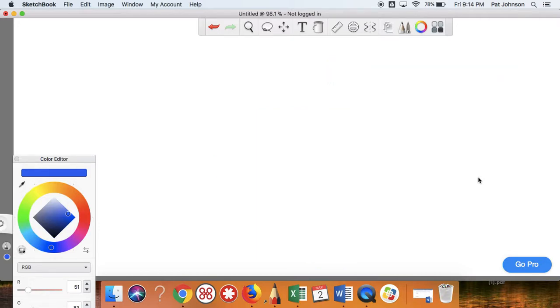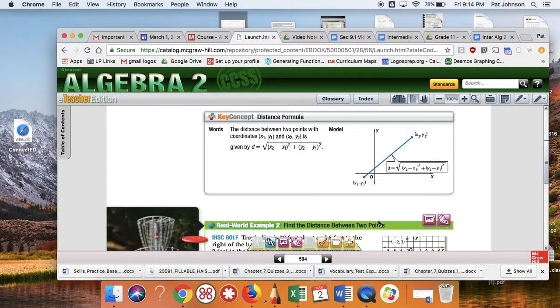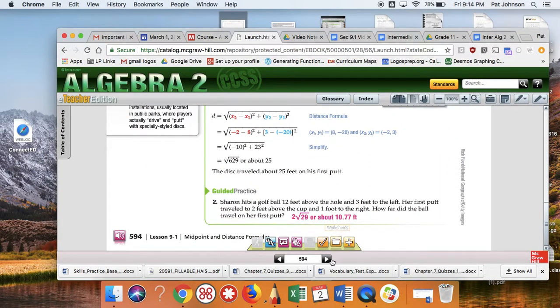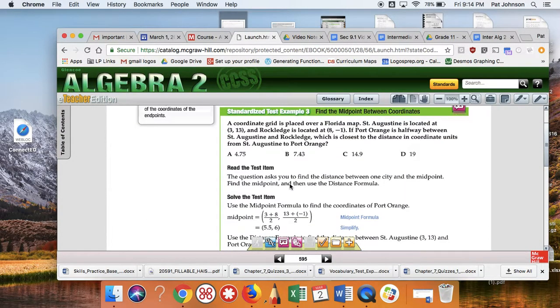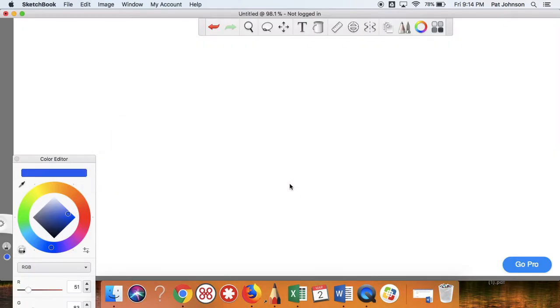It says, so there was our example there. Now example 3. It says a coordinate grid is placed over a Florida map. St. Augustine is located at 3, 13. So 1, 2, 3, 1, 2, 3, 4, 5, 6, 7, 8, 9, 10, 11, 12, 13.